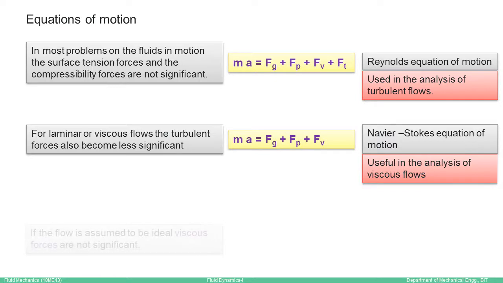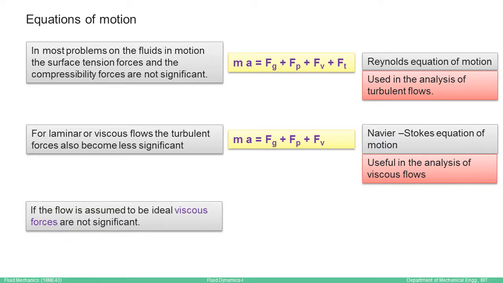And again, in this equation, if you consider the flow to be an ideal fluid, then the viscous resistance is negligible. So even though all fluids are real in nature, the ideal approximation solves problems by simplifying them to a greater extent. Most of the problems are simplified with this assumption of ideal fluid.